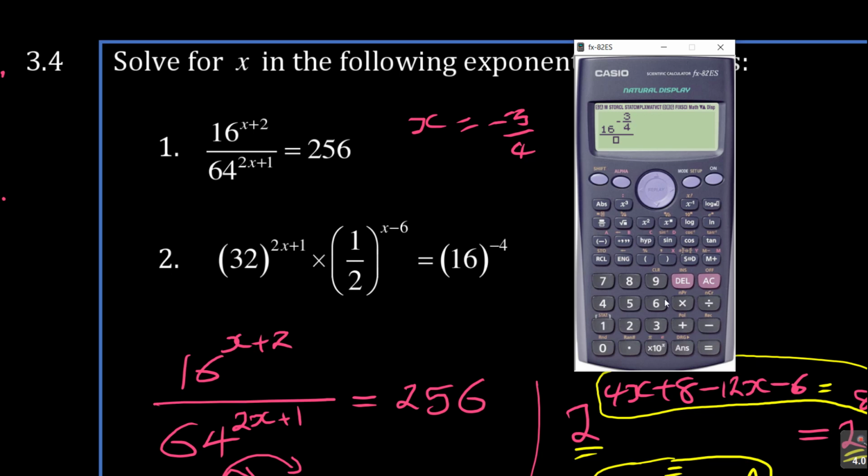There's nothing to lose. I need to test, is this thing correct? And then it must give me the right hand side. 64, and then to the power of 2 times, it's negative what? 3 over 4. I didn't put a bracket there. And then 2 times is negative there, it's 3/4.